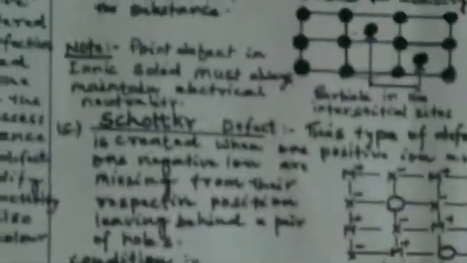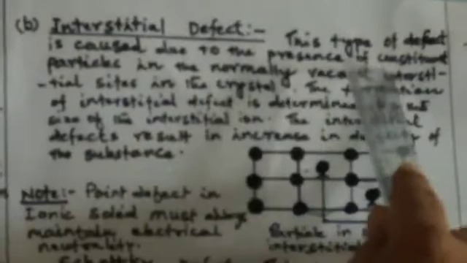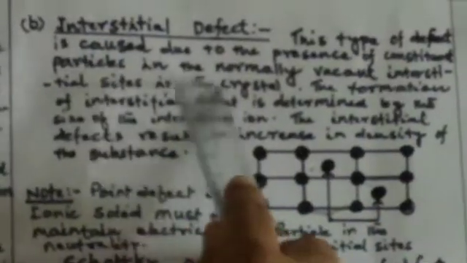The second one is the interstitial defect. It is also shown by non-ionic solids. This type of defect is caused due to the presence of constituent particles in the normally vacant interstitial sites in the crystal.